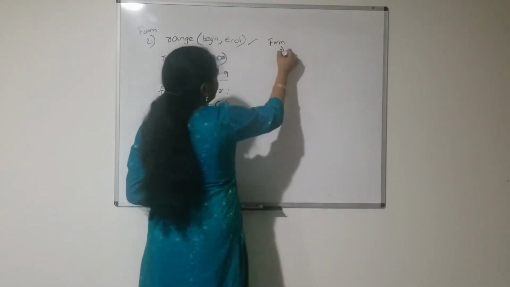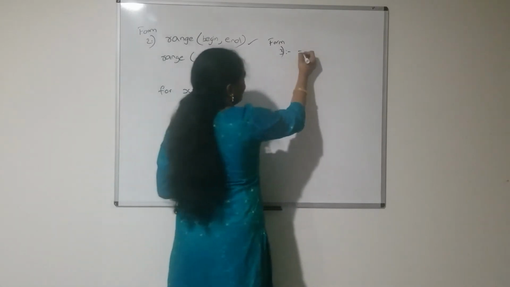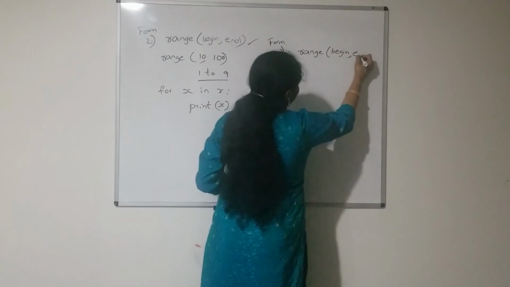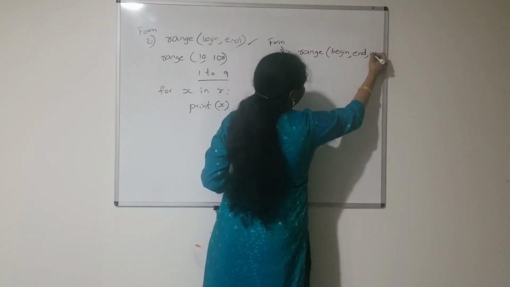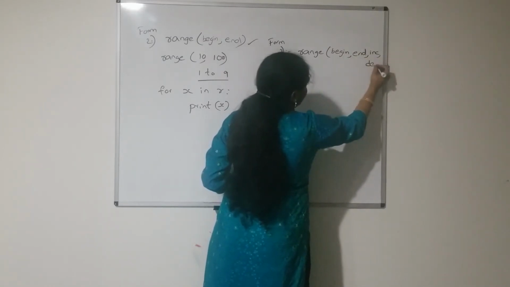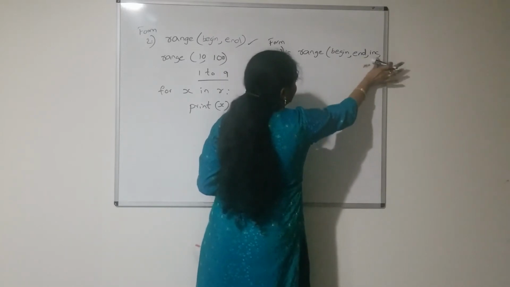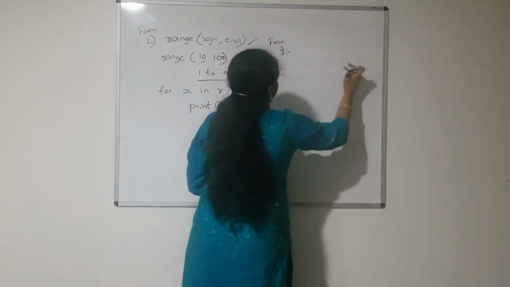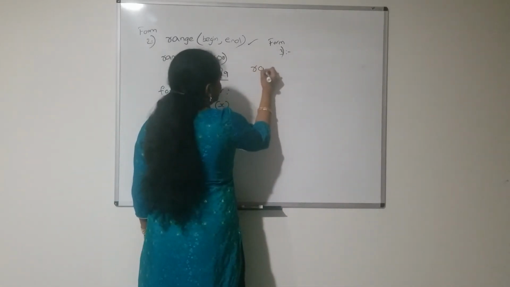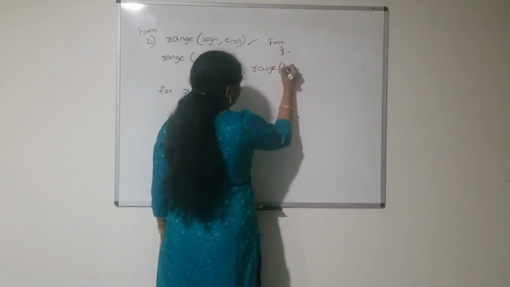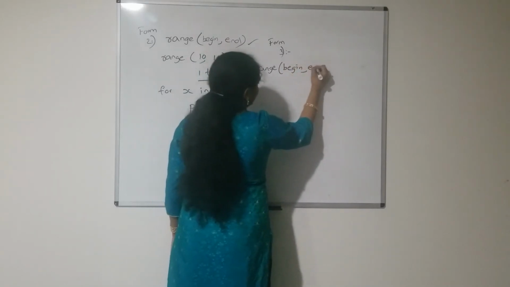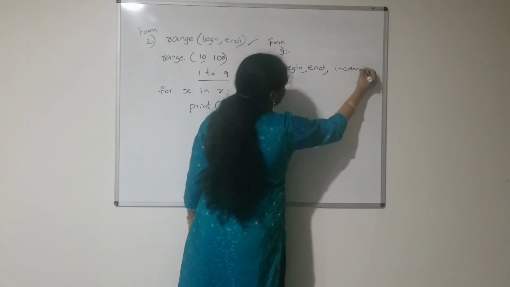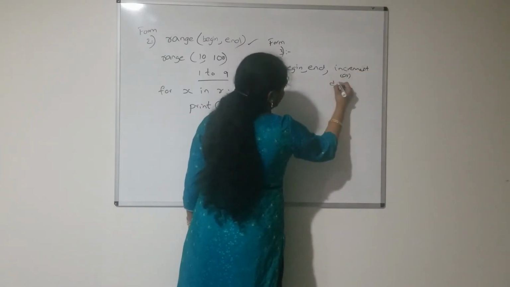In form 3 representation, the range will be range of begin, end, and here you can use an increment or decrement operator.